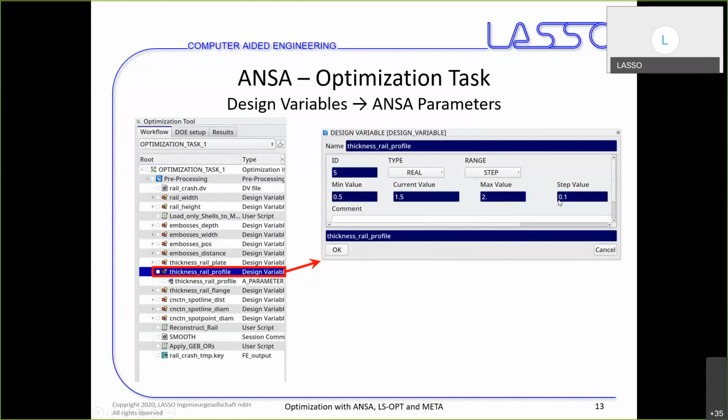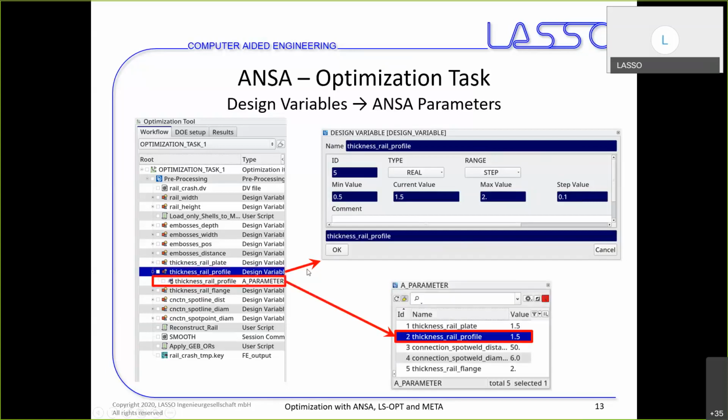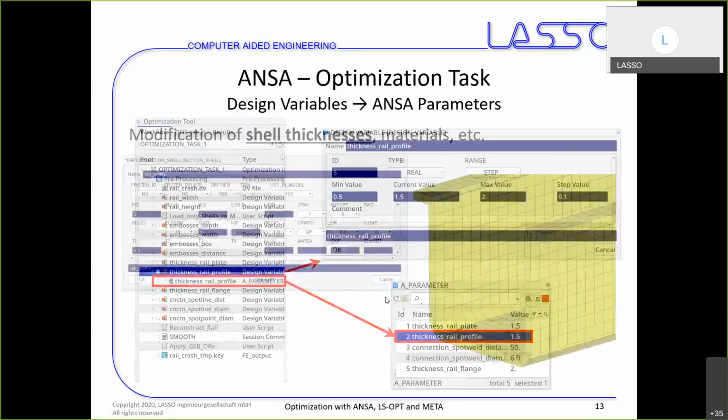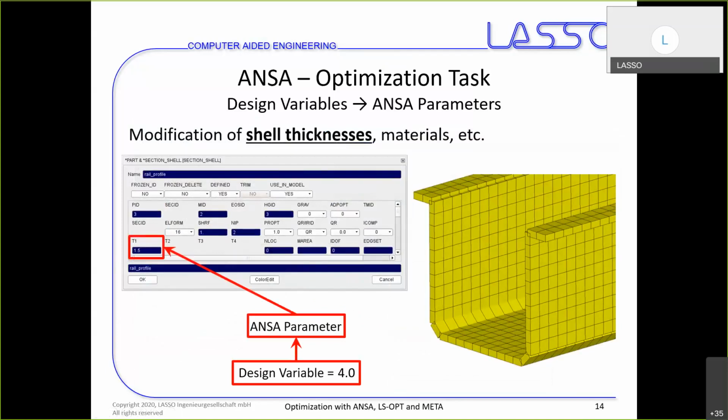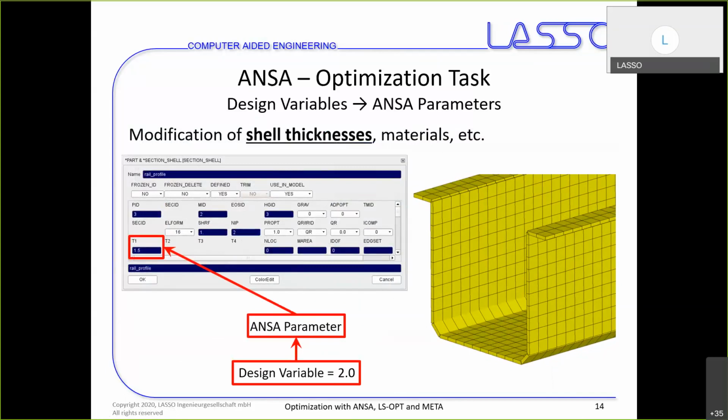So it can get a real value with a step width of 0.1, so either 1.6, 1.5, 1.4, but not 1.358, for example. And this design variable controls the Unser parameter.